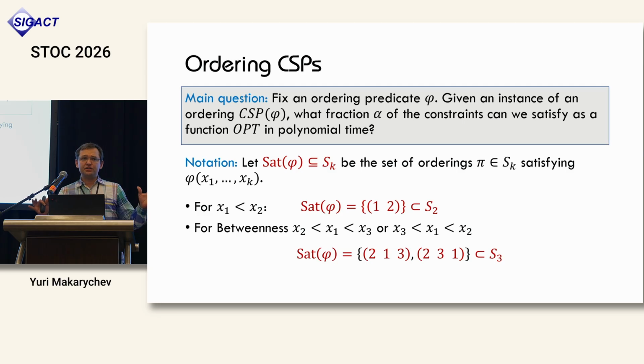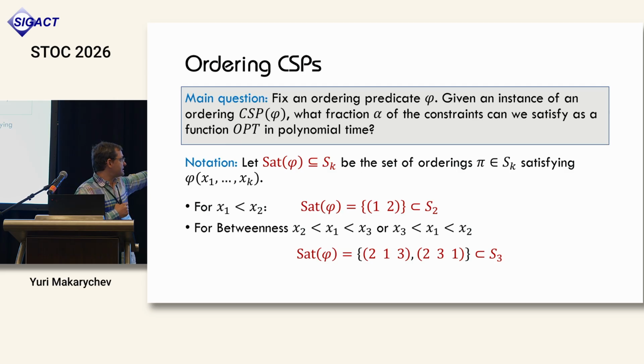It will be convenient for us also to talk about the set of satisfying orderings of a given predicate phi. So what is it? That's simply the set of relative orderings of variables x1, etc., xk, on which the predicate depends. So that's a subset of permutations of length k. For example, for the simple precedence predicate, this set consists of a single permutation 1, 2.